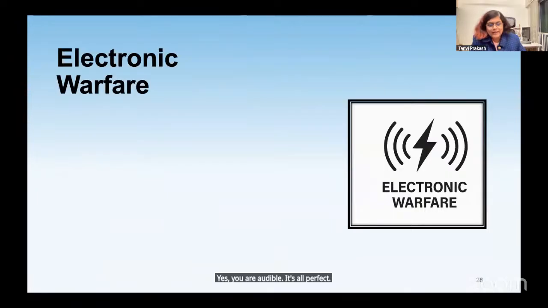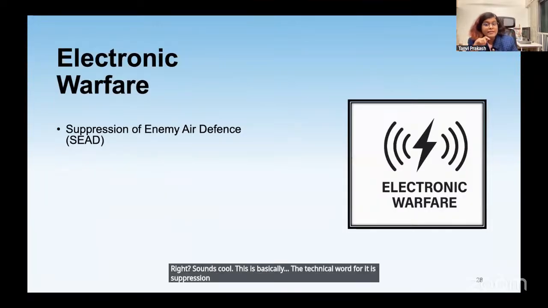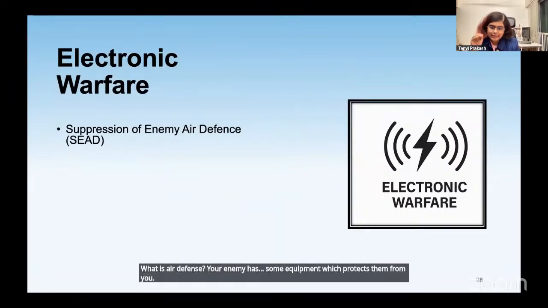Now coming to the final kind of warfare, which I said was electronic warfare, right? Sounds cool. Technically, it is called suppression of enemy air defense. What is air defense? Your enemy has some equipment which protects them from you attacking them from the air.